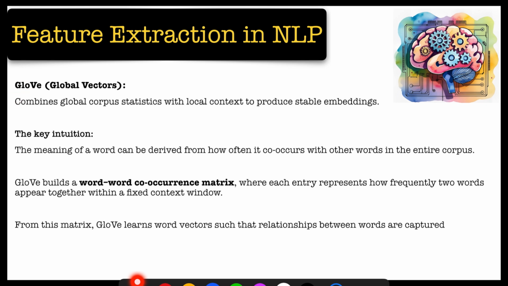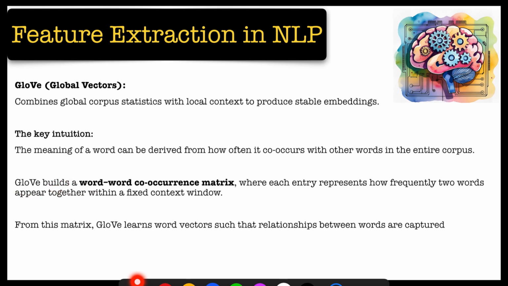Next is GloVe, for Global Vectors. It combines global corpus statistics with local context to produce stable embeddings. The key intuition here is that the meaning of a word can be derived from how often it co-occurs with other words in the entire corpus.